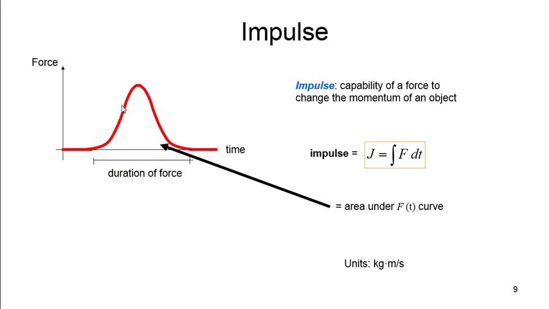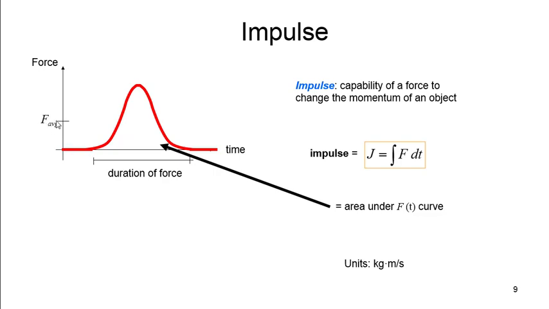Now, if you're looking at a graph for some force that has some weird shape like this, it will be hard to calculate the area of this shape. So instead, what we're going to do most of the time is we're going to be told what the average force is.